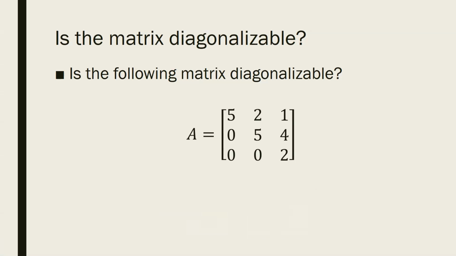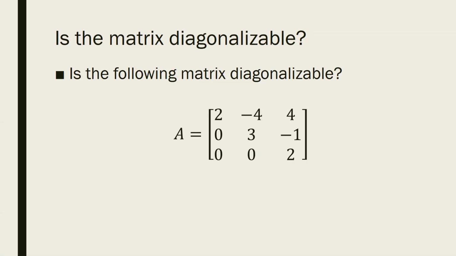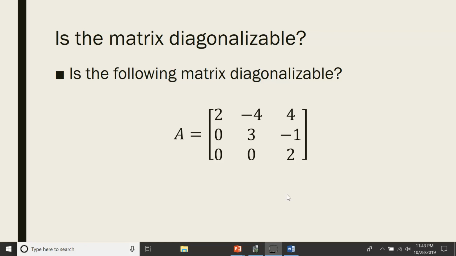I want you to do the same sort of observation using this matrix. I want you to see if this matrix can be diagonalized. All right, so we got 2, negative 4, 4, 0, 3, negative 1, and so on and so forth.